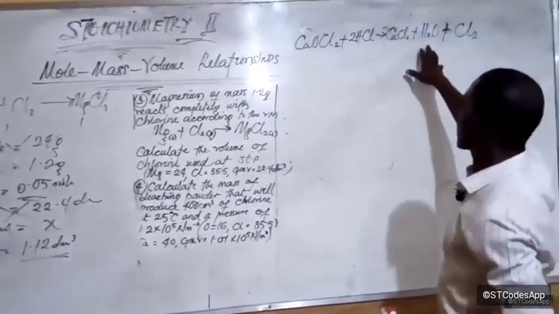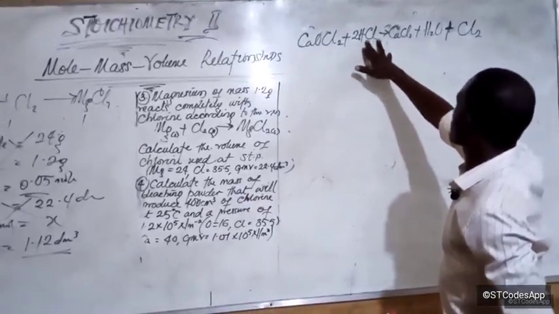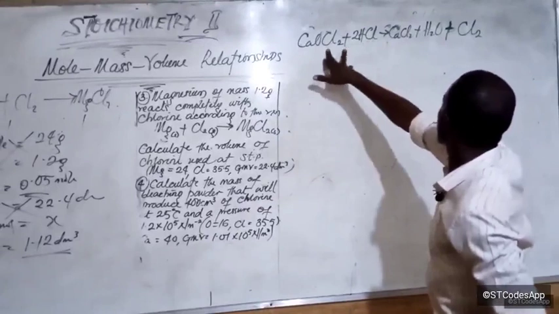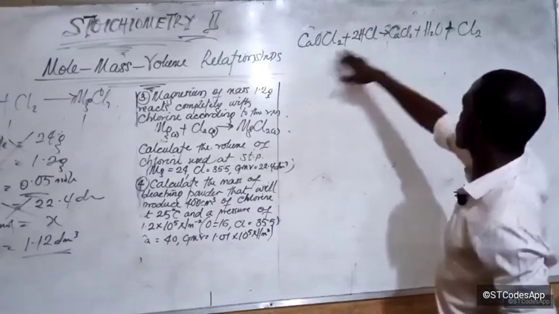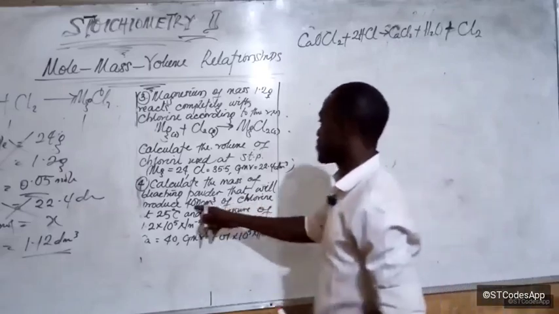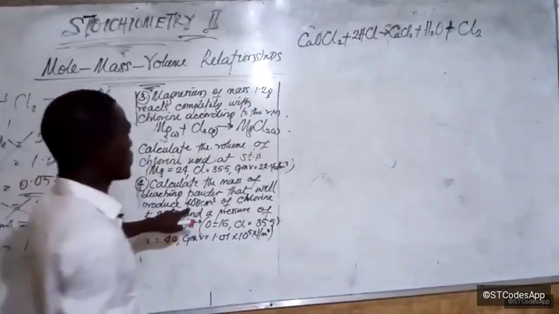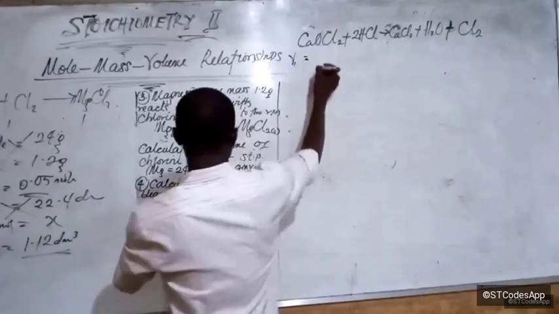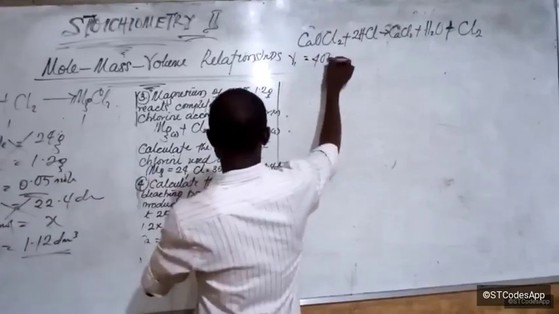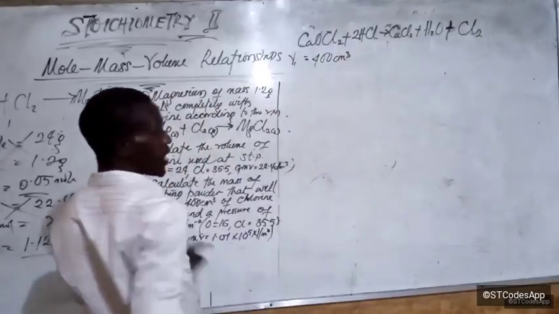Now let's see if this equation is balanced. 2 hydrogen, 2 chlorine, 1 calcium. Okay, I think it's balanced. So let's write the parameters that are given. We have 400 centimeter cube, that will be V1, 400 cm cube of chlorine at this temperature.